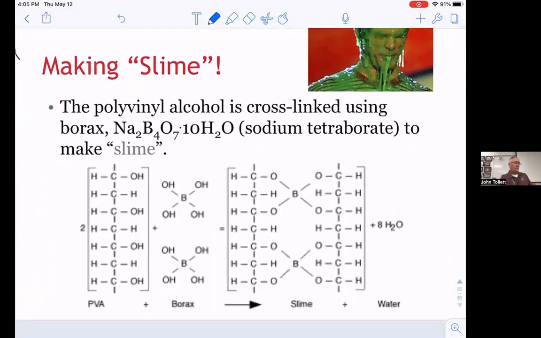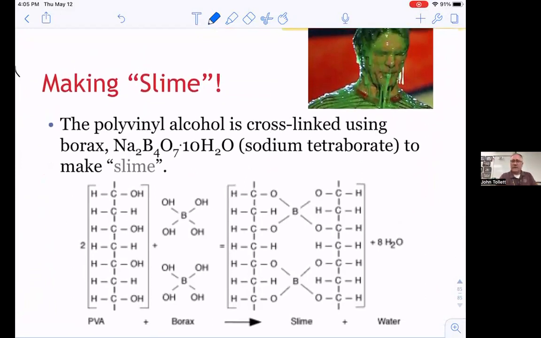The last one I'm just kind of showing here is the making of slime, and this isn't showing you gak, but polyvinyl alcohol is another polymer that can be polymerized further by adding sodium tetraborate or borax solution. Borax is actually a detergent you can buy at the grocery store. And sodium tetraborate will actually increase the bonds between them, making a polymer that's a little plasticky.